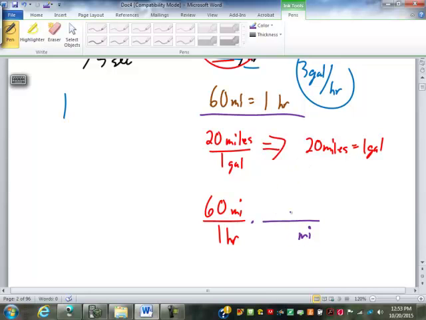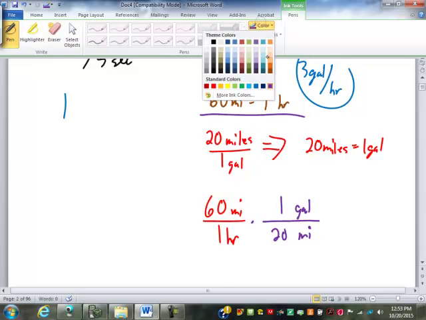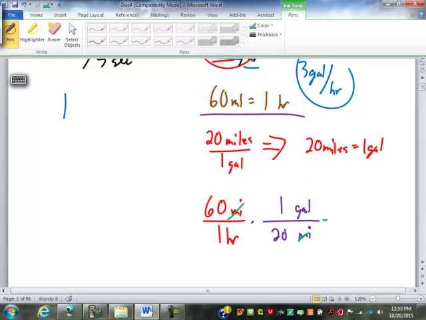So I'm going to put miles on bottom, gallons on top, 20 miles per 1 gallon. The miles cancel out. I've got 60 gallons in 20 hours. So that divides out to be 3 gallons per hour. So that's where the 3 gallons per hour comes from, because I just used my rate as a conversion factor.